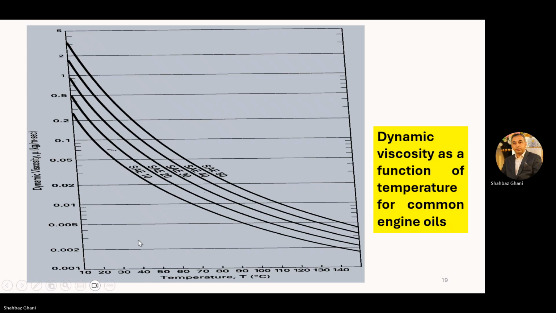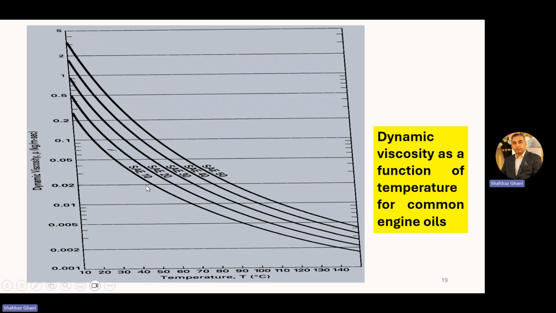Now the chart: the dynamic viscosity as a function of temperature for common engine oils. On our x-axis, we have temperature in Celsius ranging from 10 to 150. On our y-axis, we have dynamic viscosity mu, in kilograms per meter second, from 0.001 to 5.